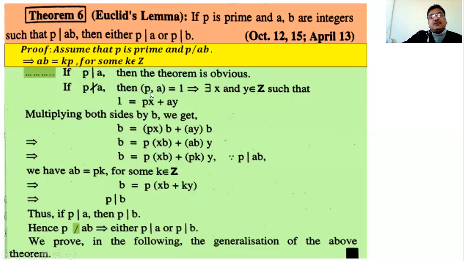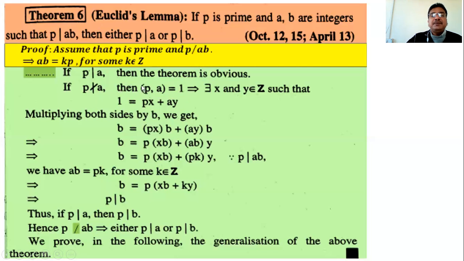It is a common divisor of P and A. P has only 2 positive divisors, 1 and P, so the common divisor of P and A is either 1 or P. But P is the greatest common divisor only if P divides A, yet here P does not divide A, and therefore the greatest common divisor of P and A is only 1. The possibilities are 1 or P, but P is not the greatest common divisor. That's why 1 is the greatest common divisor.